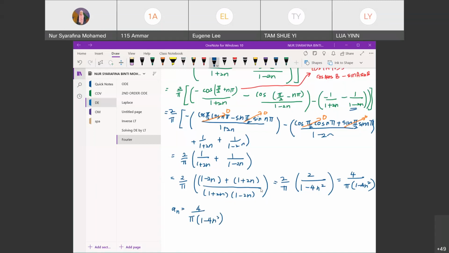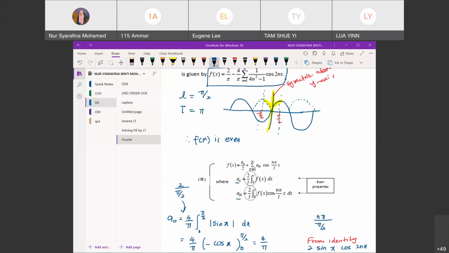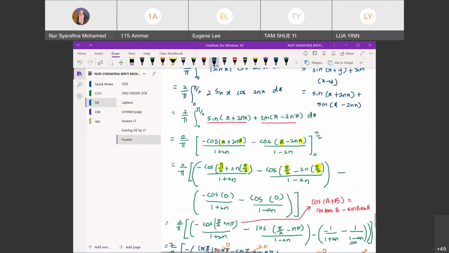So now substitute to the Fourier series, we have a naught over 2 plus summation an cos (n pi over l) x.